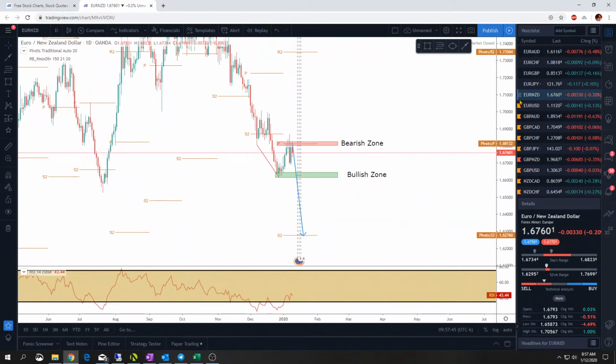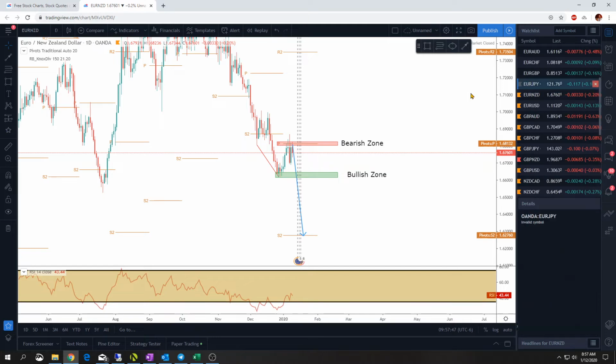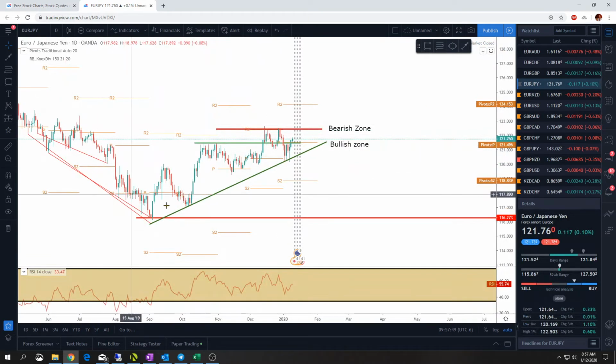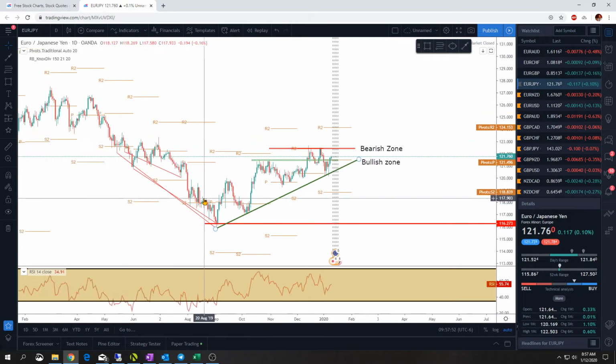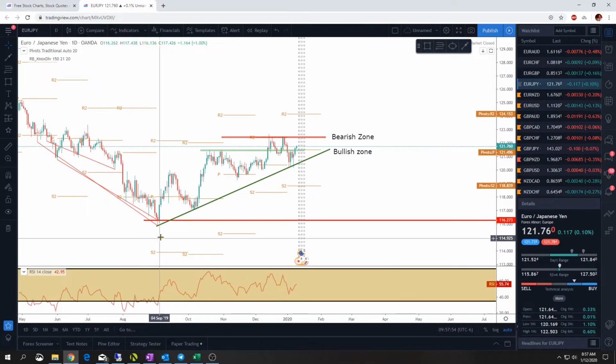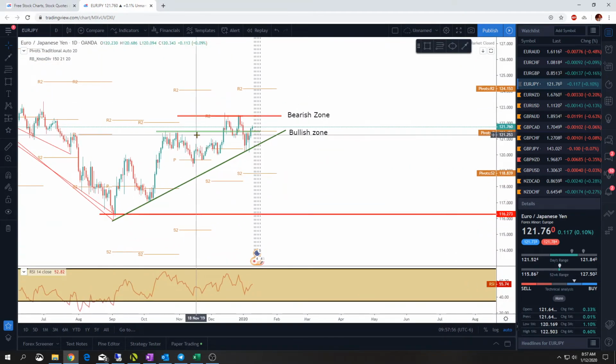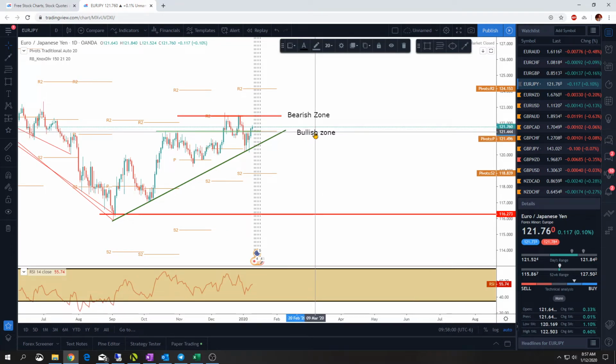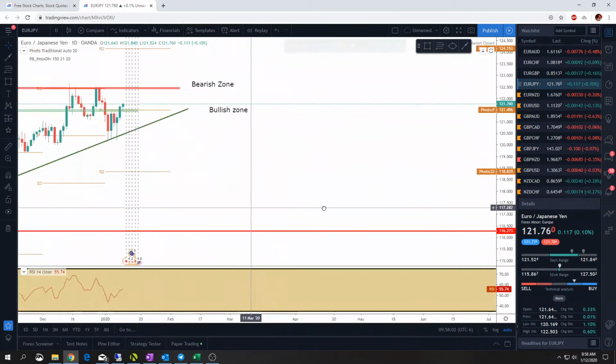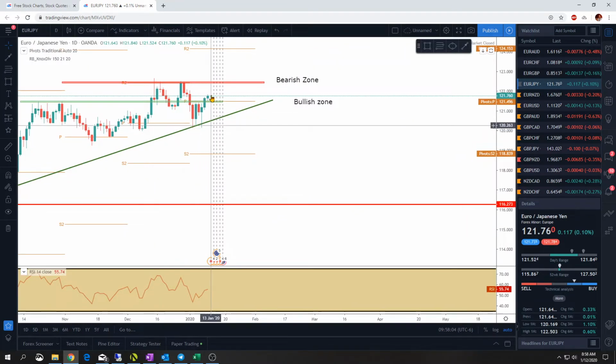All right. So let's look at Euro, Japanese yen. Remember, we're fundamentally biased thinking the yen is going to get stronger off the dollar weakness. If we zoom in here, the euro got stronger last week on the yen.